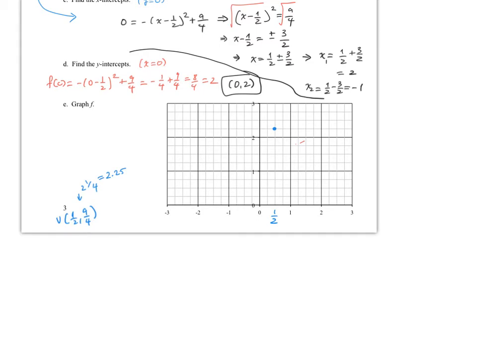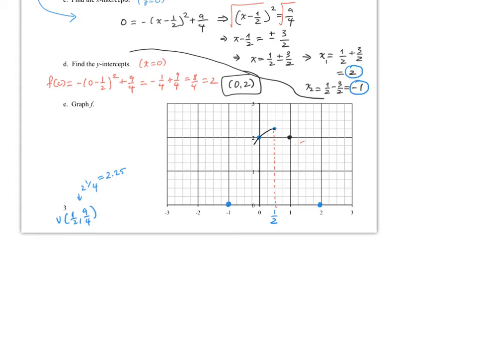Then the x-intercepts are x equals 2 and x equals -1. So 2, -1. And the y-intercept was at 0, 2. Remember that this is the line of symmetry. So therefore you need to have another point there.